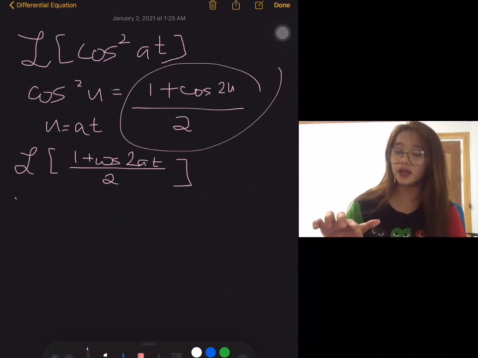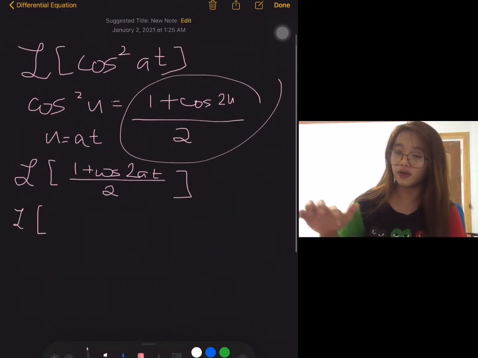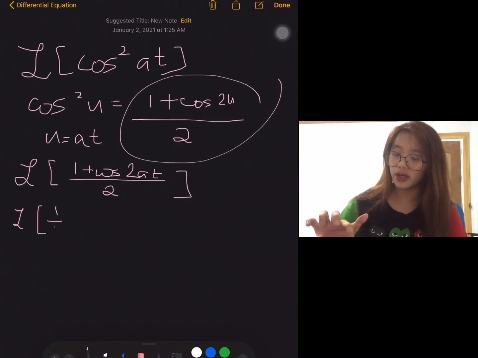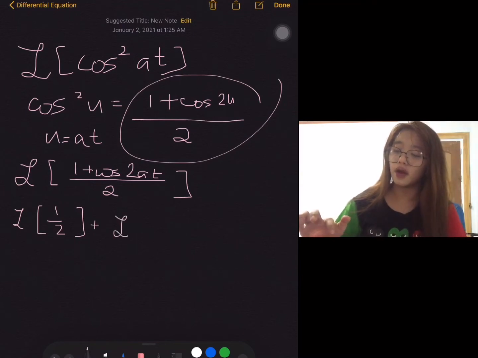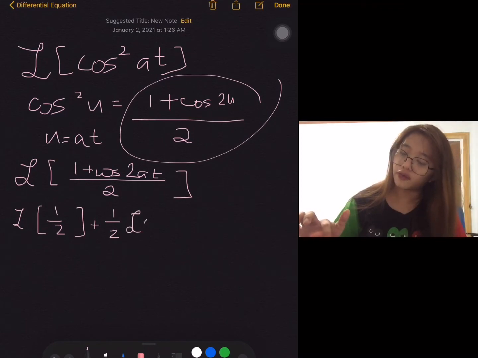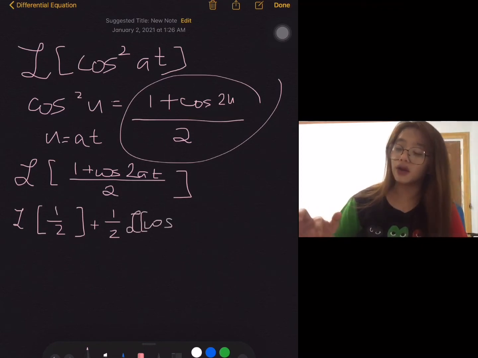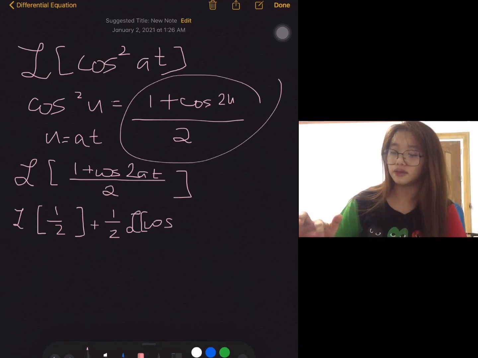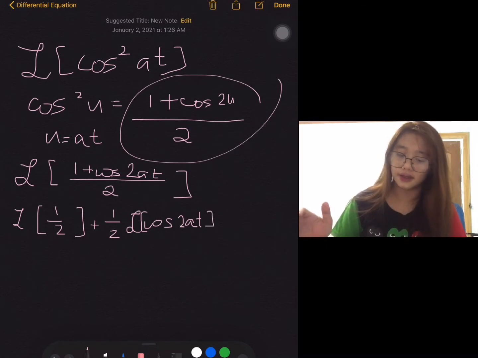Let's say we have the Laplace transform of 1/2 plus the Laplace transform of, there is an invisible 1 before the cosine, so let's have 1/2 as a multiplier, 1/2 Laplace transform of cosine 2at here.